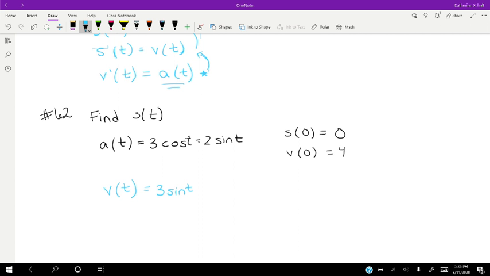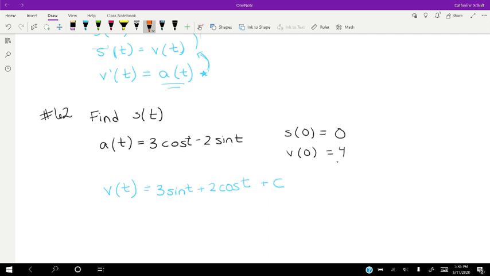We can think of this as a minus sine. What function gives us derivative negative sine? Positive cosine. So we can think of that as plus 2 cosine t, right? And then what are we missing? The plus c.